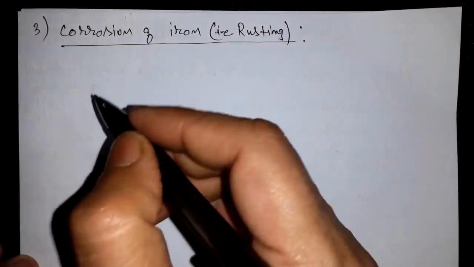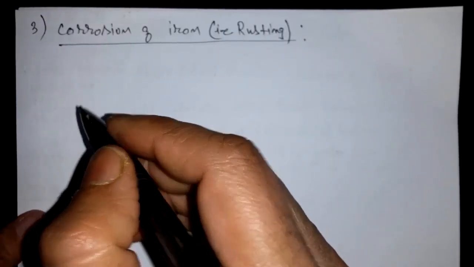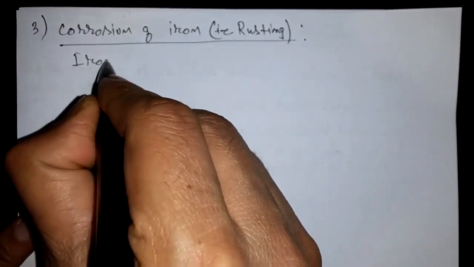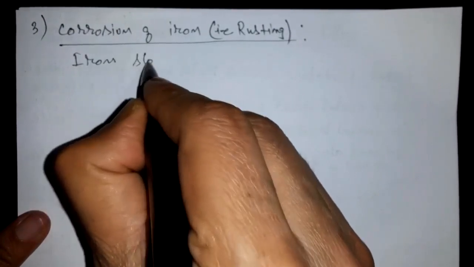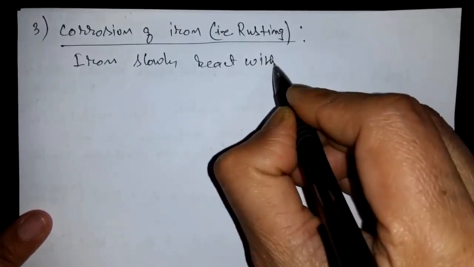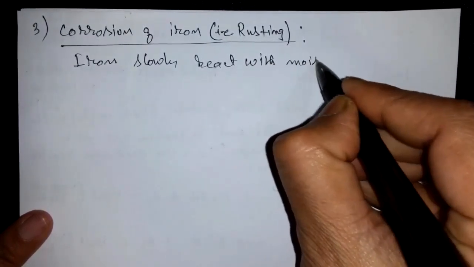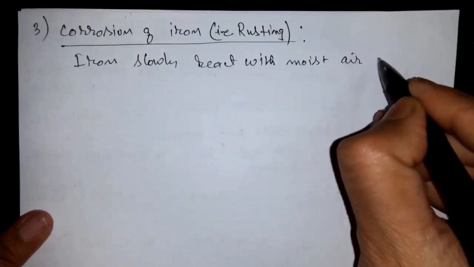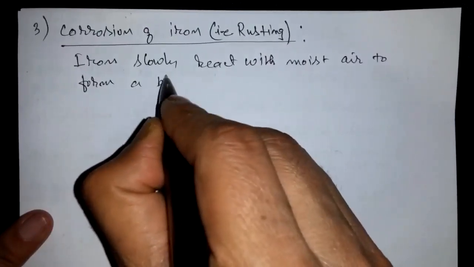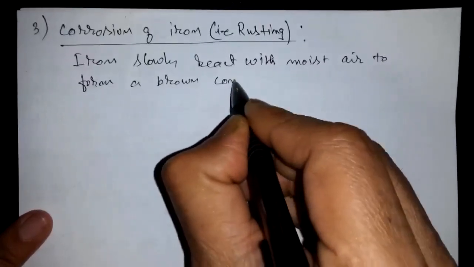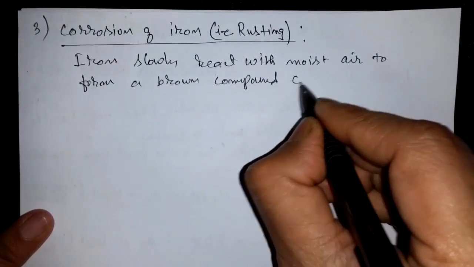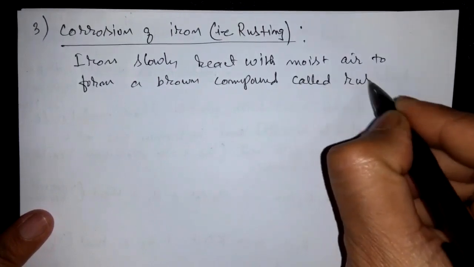Corrosion of iron or rusting is a chemical reaction between many things. That reaction is not mentioned in our textbook, but for knowledge we can write. Iron slowly reacts with moist air to form a brown compound called rust.